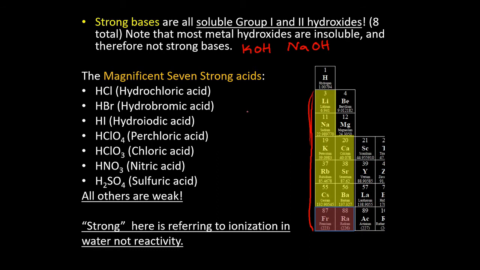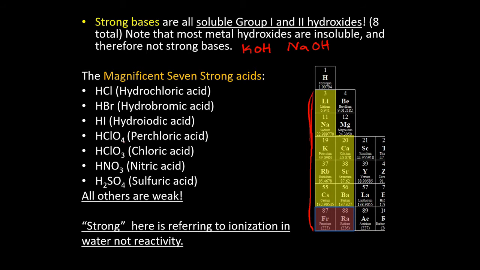The acids, on the other hand, don't fit quite so nicely onto the periodic table like that. There are 7 that are strong acids, and all the rest are weak. So HCl, HBr, HI, those do kind of fit onto the periodic table nicely.